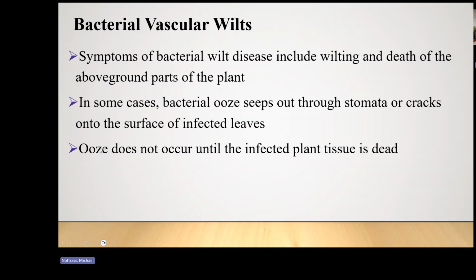So wilting and death of the above ground part could likely, think about it. Where would you expect this to stem from? Probably from the roots because the roots are what's taking up the water. And if there's soil bacteria in the water that makes it into the plant, you now become compromised from the inside out.